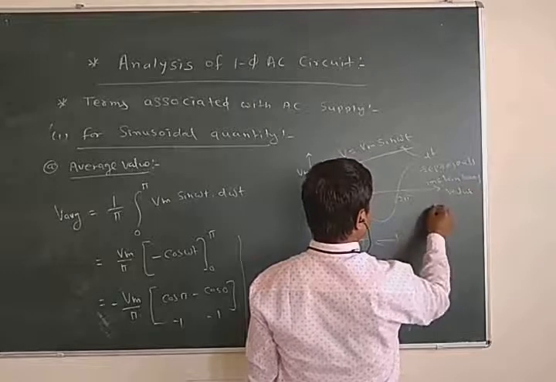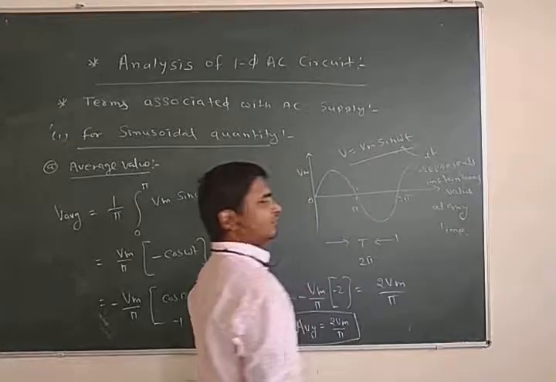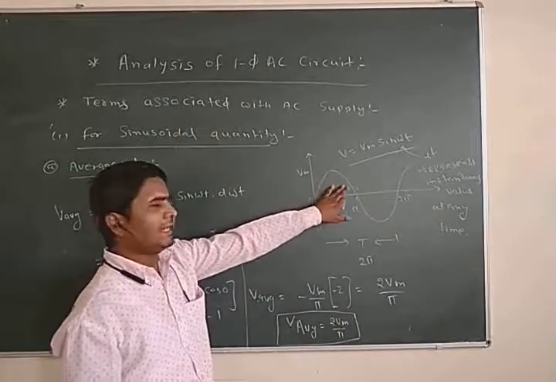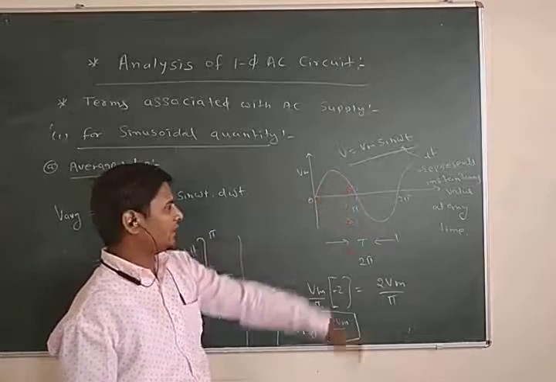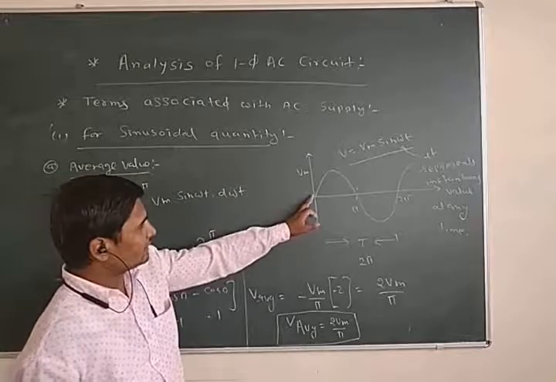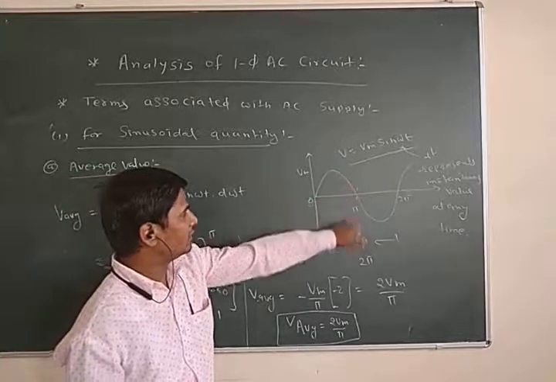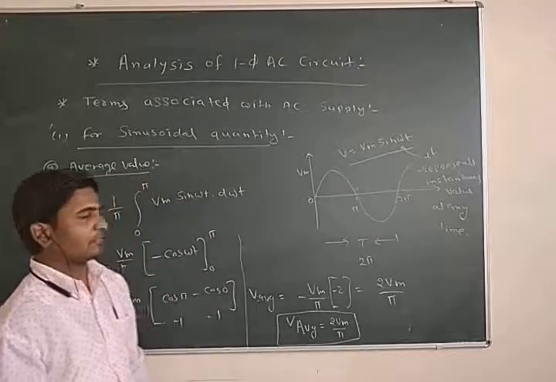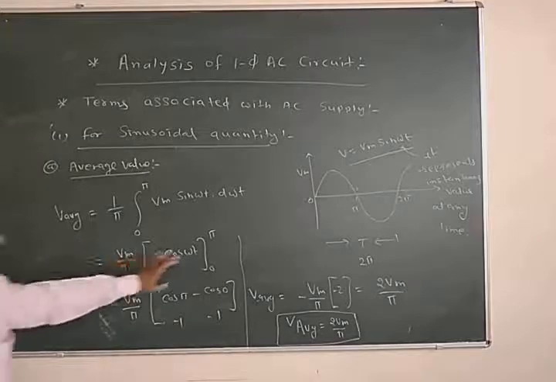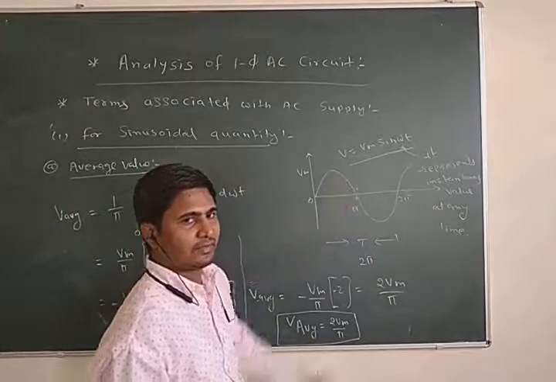Instantaneous value means the value of the function at any time or at any moment is known as instantaneous value. Average value means the average of the function is known as average value.